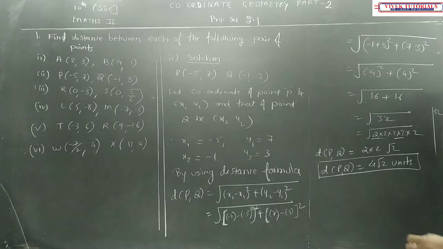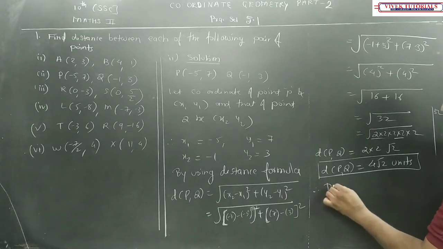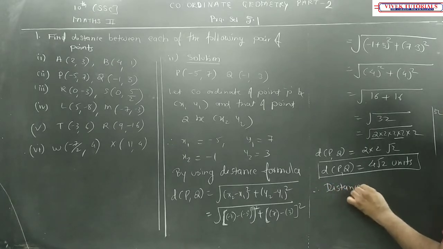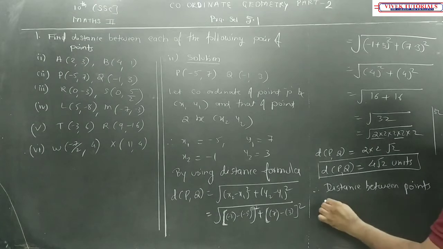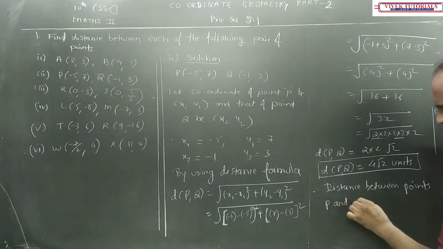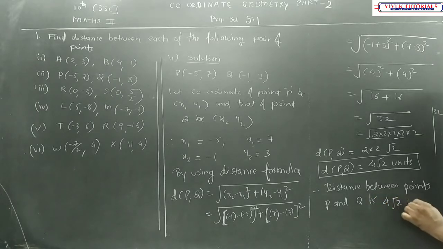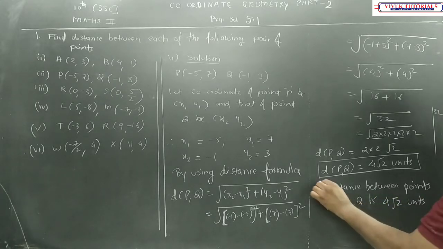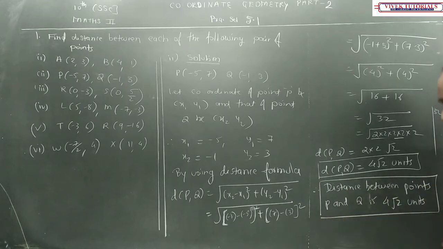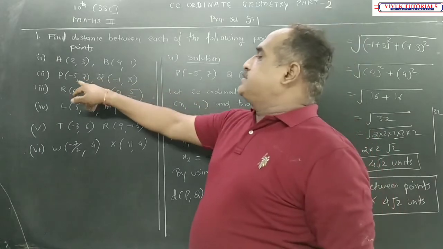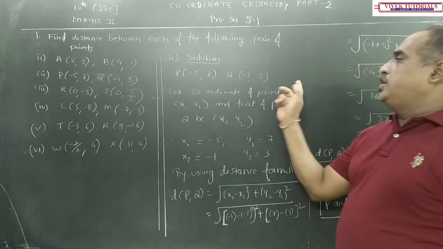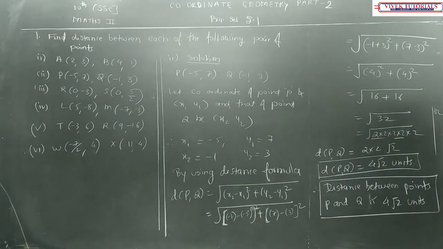So what will happen now? Therefore, distance between points P and Q is 4 root 2 units, that you are going to put in a box. Once again, the coordinate of point P is -5, 7, Q is -1, 3.